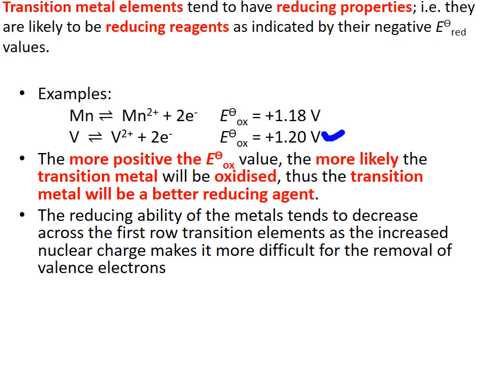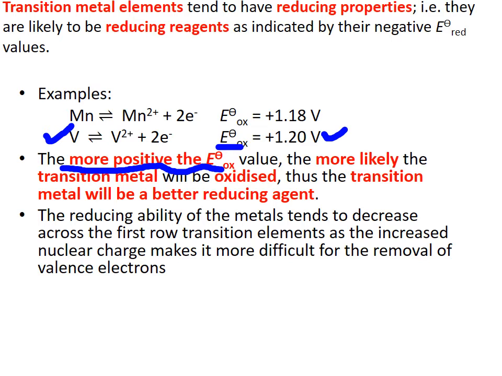It has to be the one that has a more positive E0 oxidation. The more positive the E0 oxidation value is, the more easily vanadium is oxidized, and therefore vanadium is a better reducing agent than manganese. Slightly, because the difference is not that great in the E0 oxidation values.